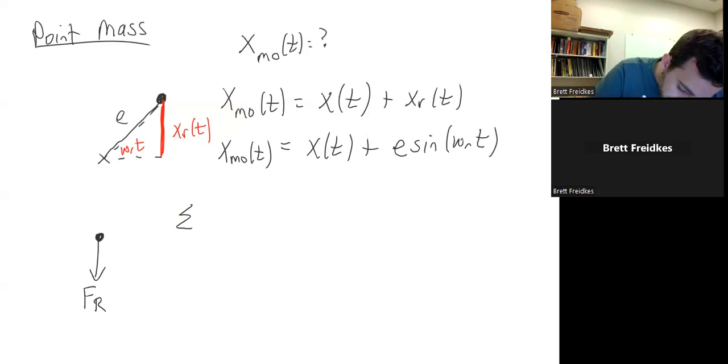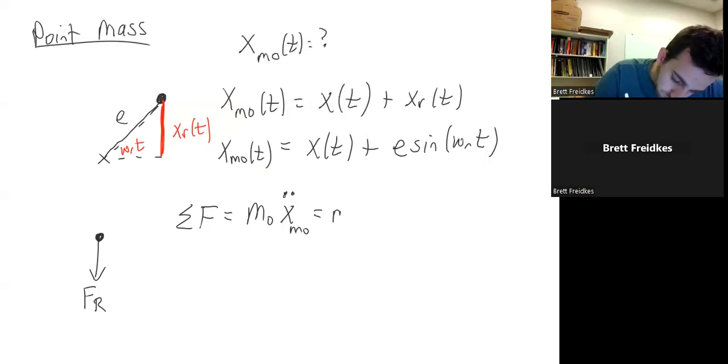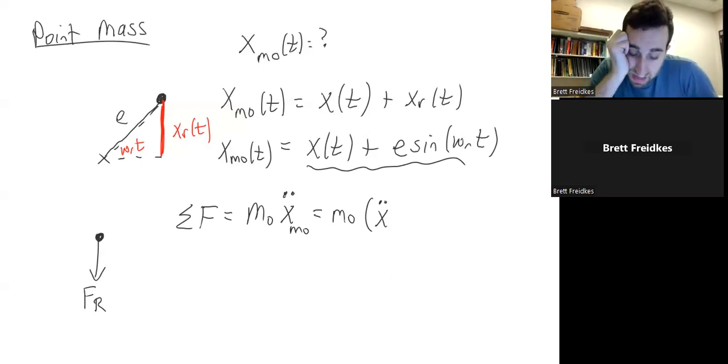So we're going to sum the forces for this mass. And that's going to be m naught, just its mass, which is the point mass, times its position, x double dot of the point mass. So if we plug in the second derivative, which is based on this equation here, the first derivative is e omega cosine.